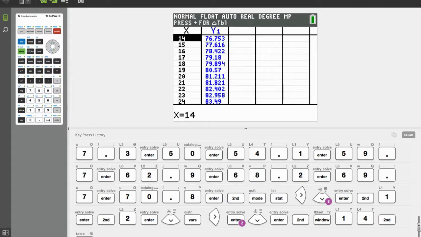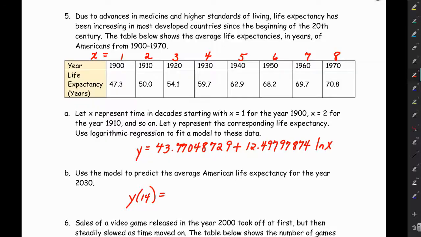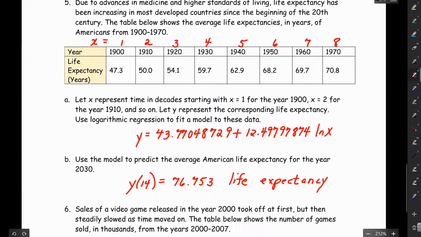Second graph to look at the table, and I get a value of 76.753. And that would be my life expectancy at 2030. I have to admit, I was hoping that'd be a little bit more than 76.